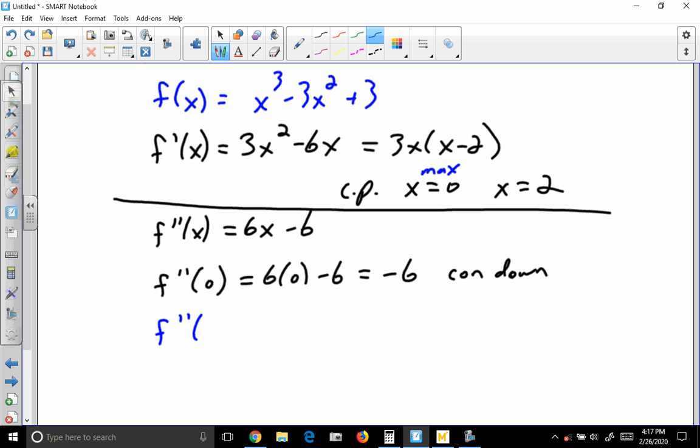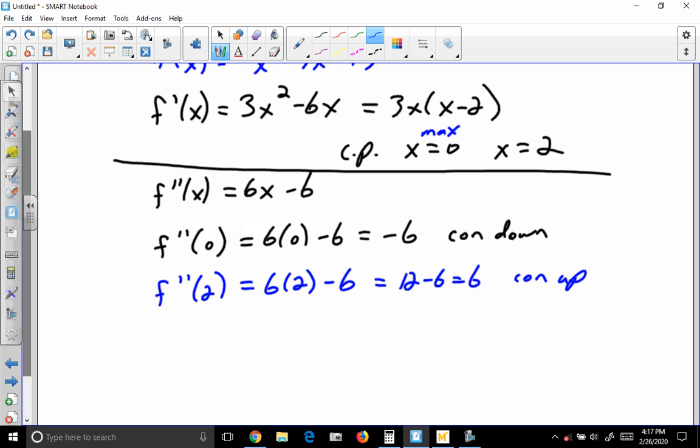So if we substitute a 2 into the second derivative, we get 6 times 2 minus 6, so 12 minus 6, which is 6. The second derivative tells us concavity, so since that's positive, we're concave up. So since 2 is a critical point, a horizontal tangent line at x equals 2, and we're concave up at that point, then x equals 2 is a minimum. Now remember, these are relative minimums, not necessarily absolute minimums.